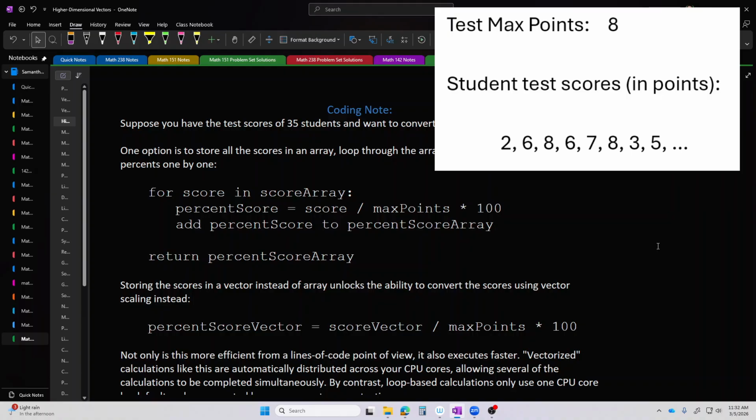Now, when you're just getting started as a programmer, what you usually end up doing in a situation like that is setting up a loop, setting up what's called a for loop, for example.